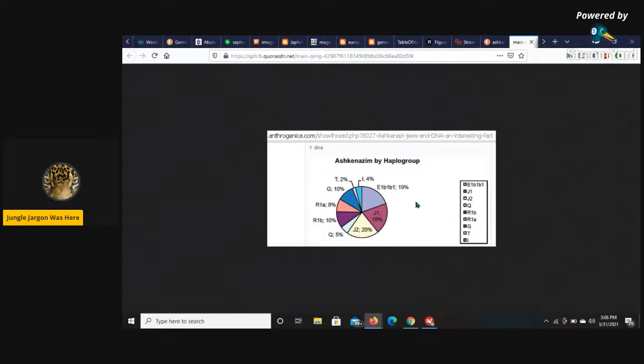The Arabic is 19%. The Y chromosome, which is a larger percentage, is 4%. The G is 10%, and the R is 18% total. And the Q is 5%. So the Q, the T, and the R are descendants of Japheth. The R, I believe, are descendants of Gomer.